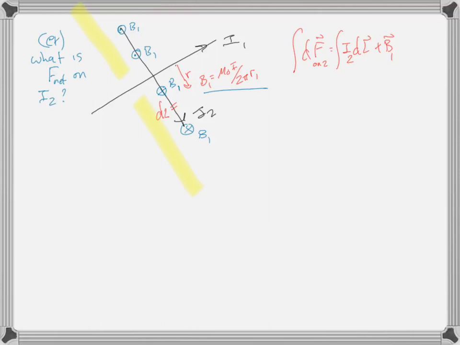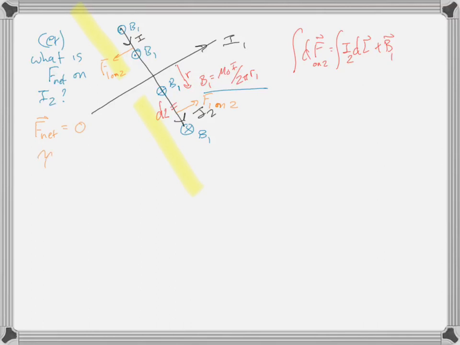And dl cross B for the other one, since I is going in this direction, is in this direction, F1 on 2. So that's just for those two halves of the wire on either side of I1. And so what's the net force? The net force is equal to 0 because those two forces cancel.